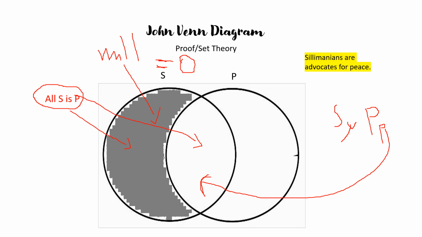So no Suleimanians are non-peace advocates, because if there were Suleimanians, they were all peace advocates. That's, I think, the most appropriate way of putting it. If Suleimanians exist, they are essentially peace advocates. Therefore, no Suleimanians exist outside the class of peace advocates. That is why it's zero here. It's null here in the region.